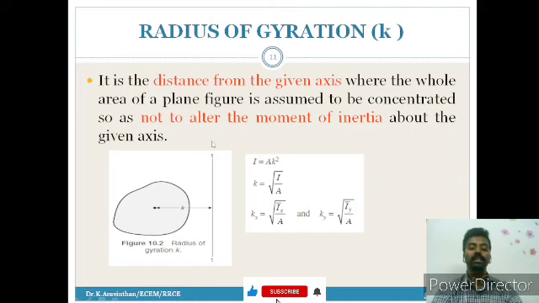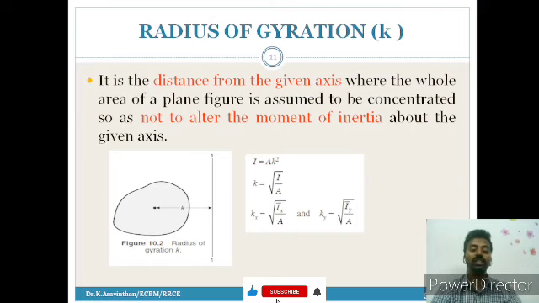Generally, if you have any plane, let us assume this is the y plane, and there is an object here. The distance between the centroid and the axis is known as the k distance, the radius of gyration. It is the distance from the given axis where the whole area of the plane figure is assumed to be concentrated so as not to alter the moment of inertia about the given axis.